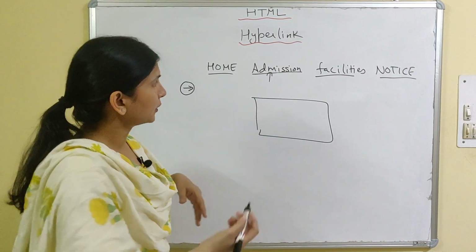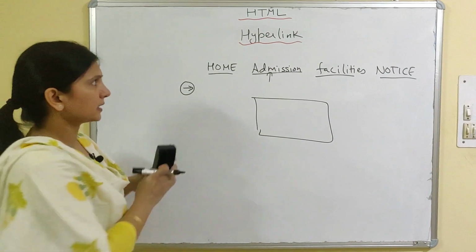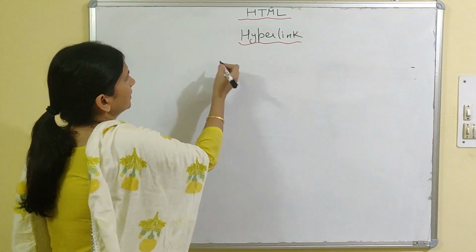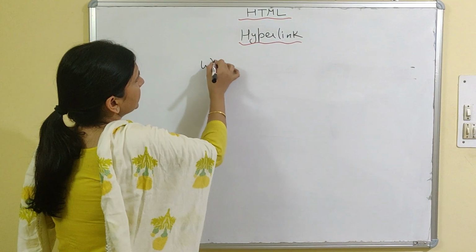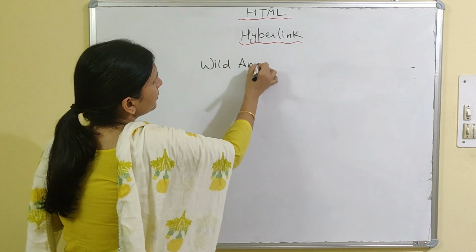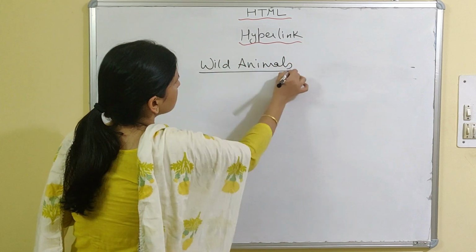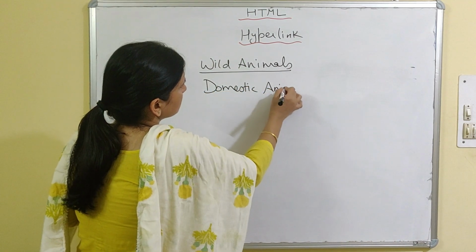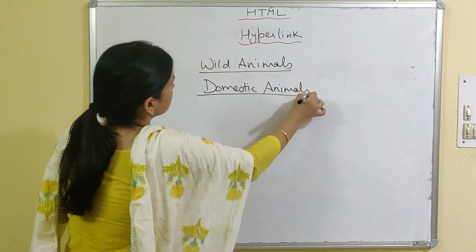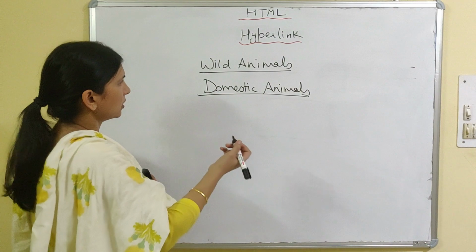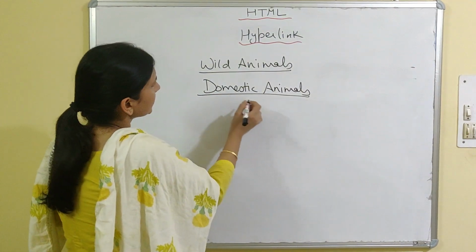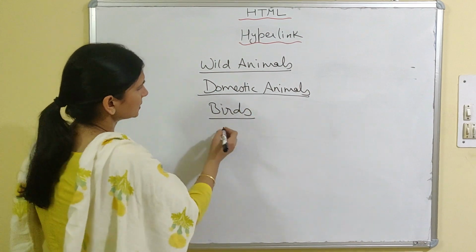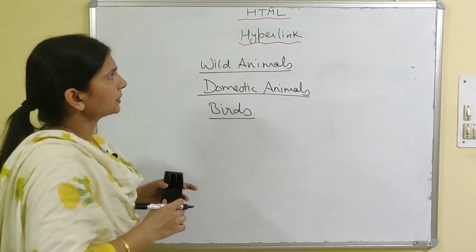For example, I am taking one example: you are making a page on animals, like on the home page there are links: wild animals, domestic animals, fine, or birds categories are there. So 2-3 links are there.